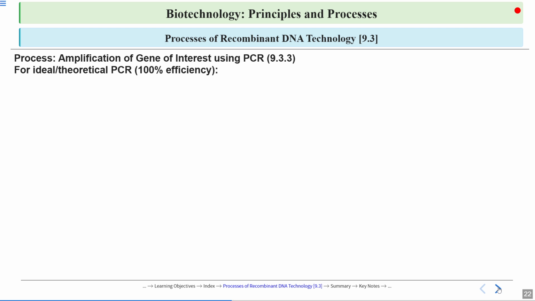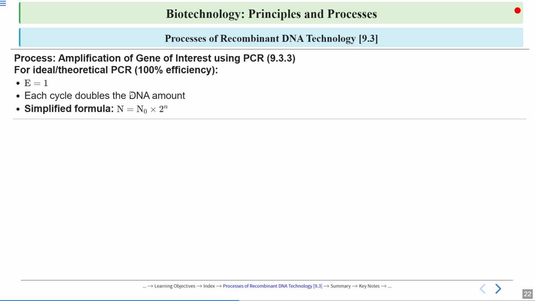So if the PCR machine is ideal and theoretical and its efficiency is totally 100%, then we say that E is 1 and each cycle doubles the DNA amount.